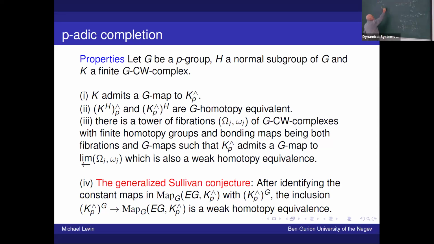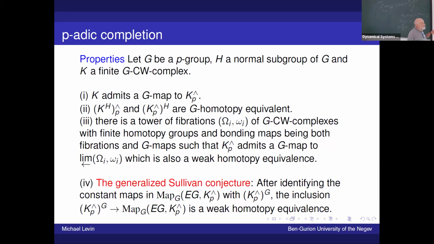We denote by K^H the fixed point set of the action of H on K. This is the well-known property of p-adic completions: we can take the fixed point set of the action of H and then the p-adic completion, or first take the p-adic completion and after that take the H-fixed points of the action.